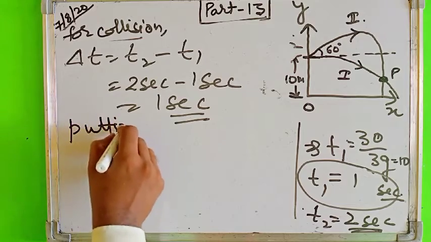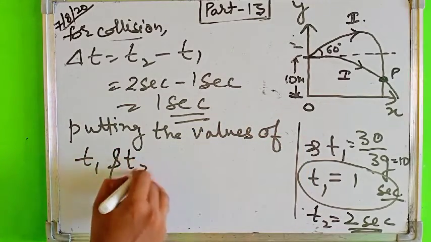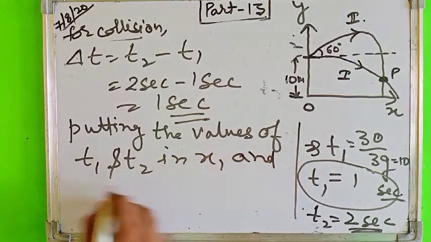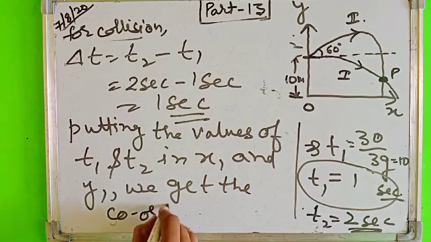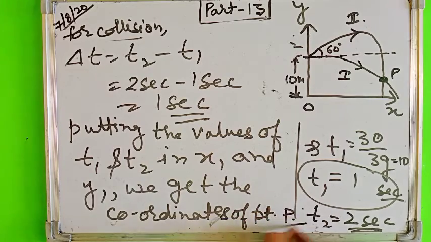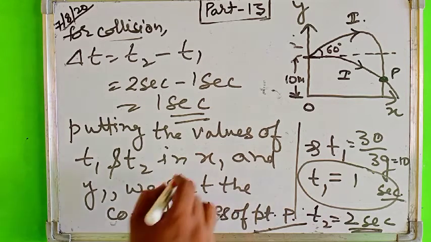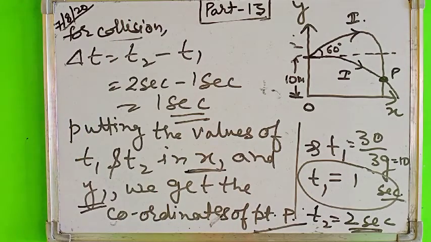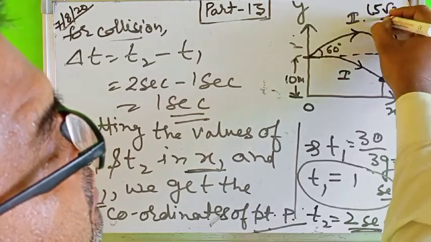Putting the values of T1 and T2 in x1 and y1, whatever positions we had calculated, we get the coordinates of point P. On putting the values, it will be 5 root 3 comma 5.